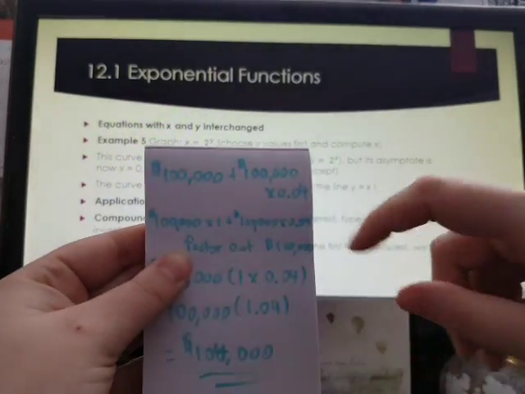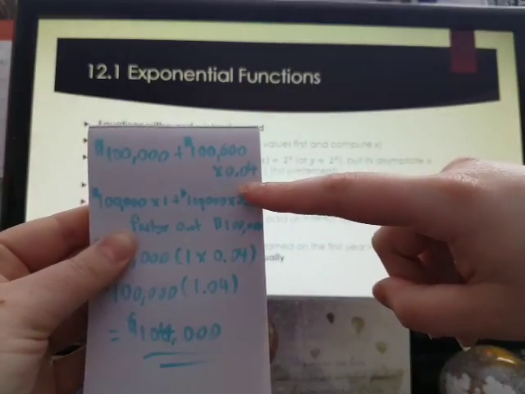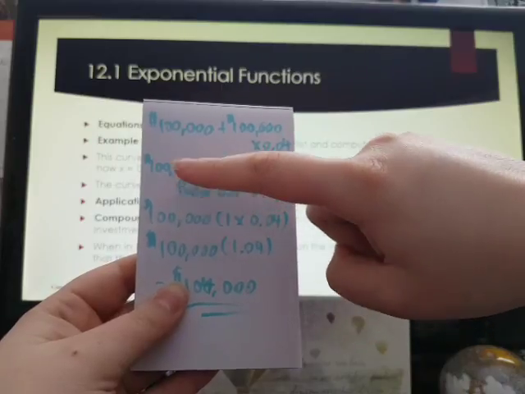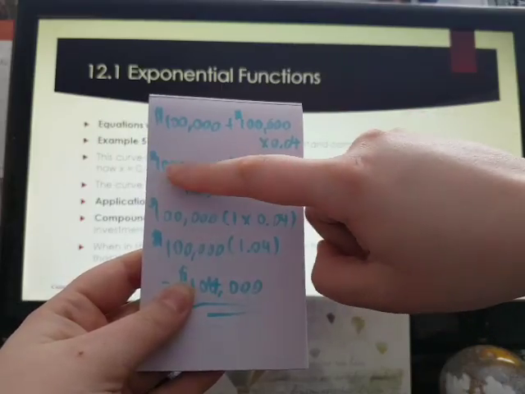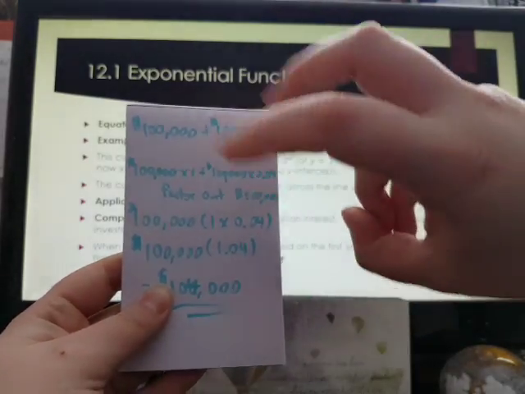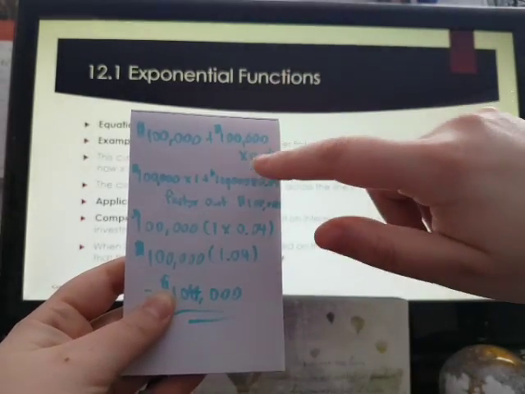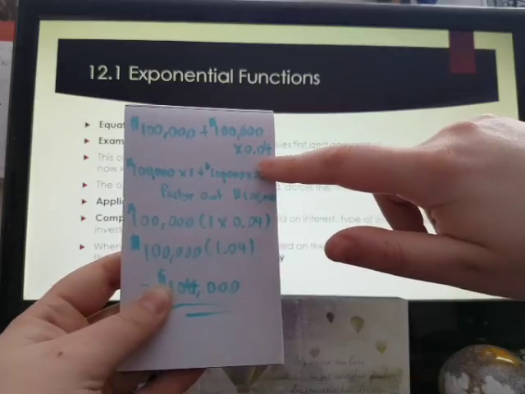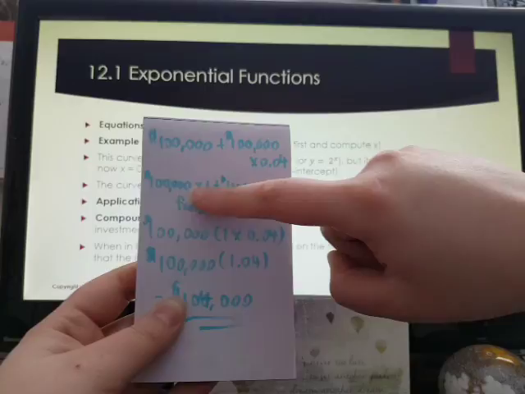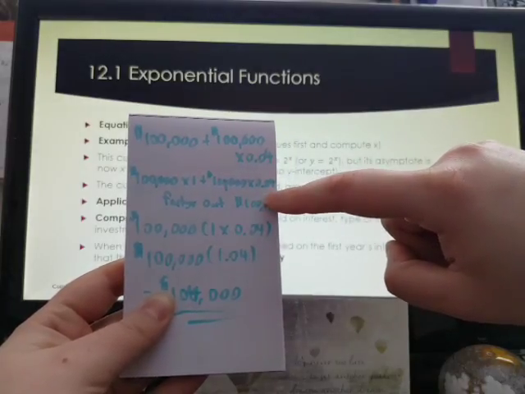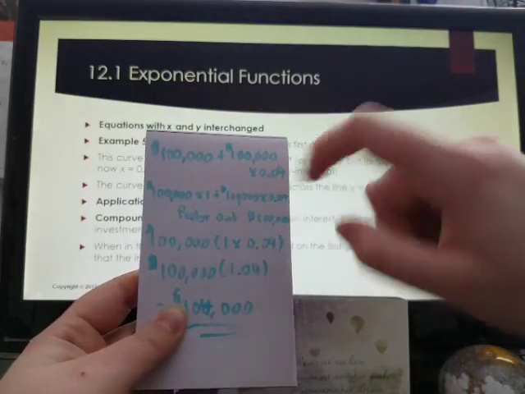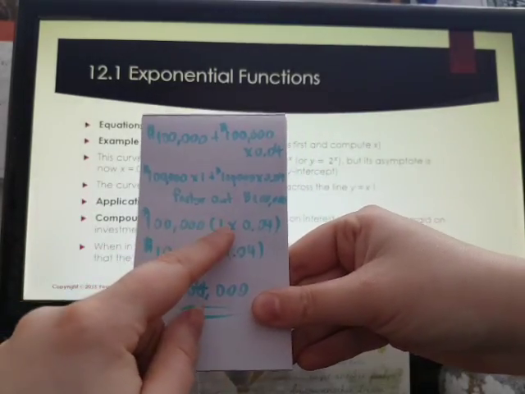So if you have 100,000 plus 100,000 times 0.04, basically it's the same as saying you have 100,000 times 1, plus 100,000 times 0.04, because you're getting 100,000 on its own, so times 1, and then 100,000 times your 0.04, which is that interest that you're getting. So if you write it out like that, you can factor out that value of 100,000. They both contain 100,000. So if you factor it out, you're left with 1.